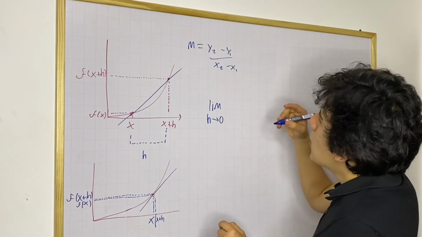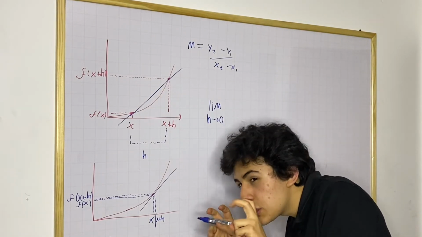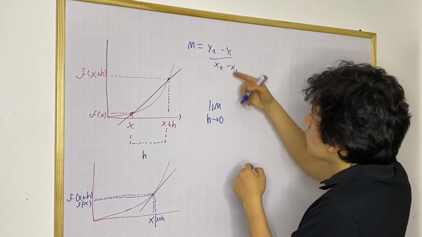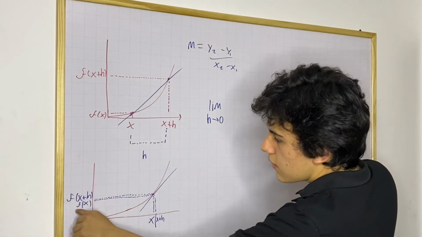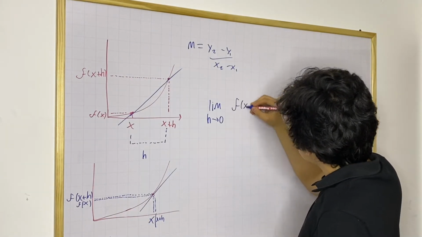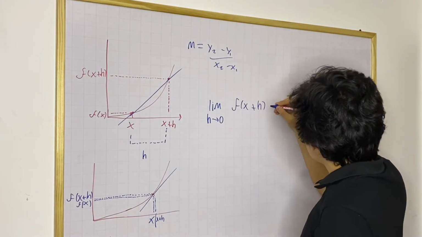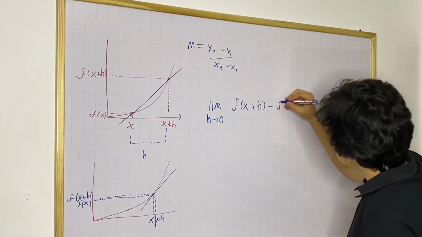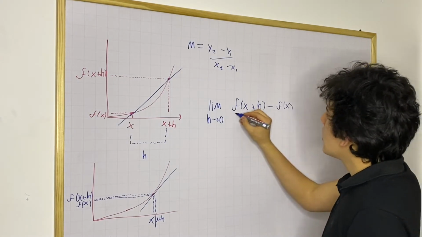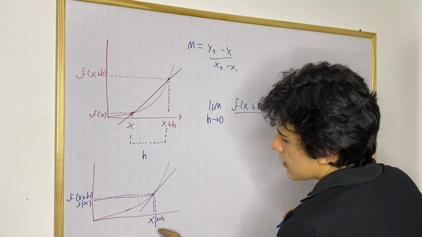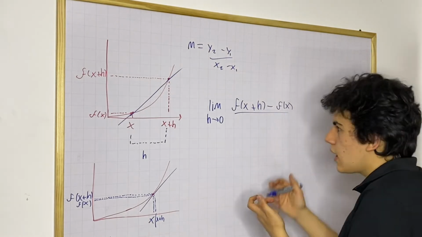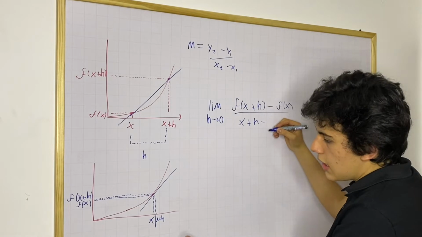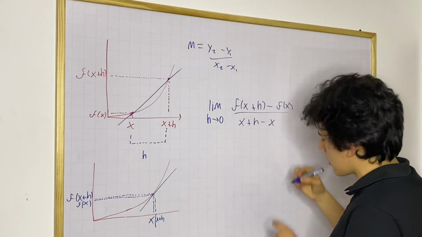Now we're not going to technically take a function, but rather a slope. So what is y2? It's our greatest y value, so f of x plus h, minus our smaller y value, f of x. All of this is divided by our greatest x value, x2, minus our smallest x value, which is simply x.